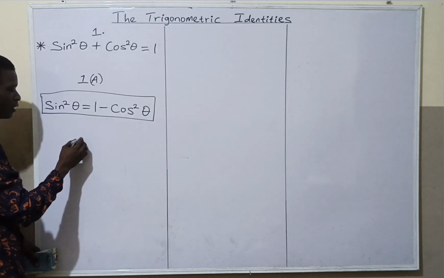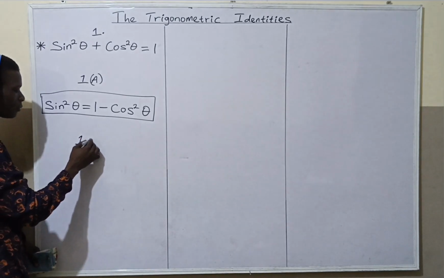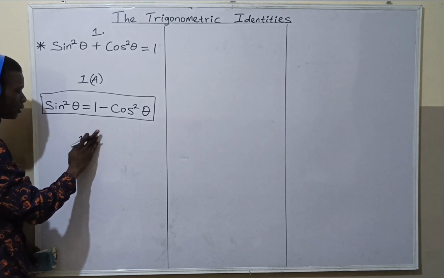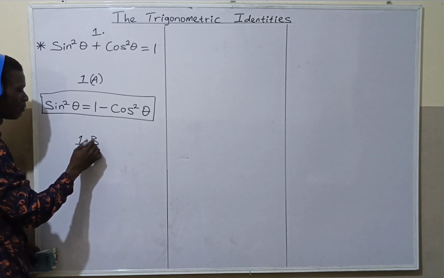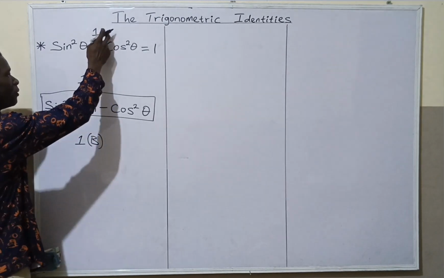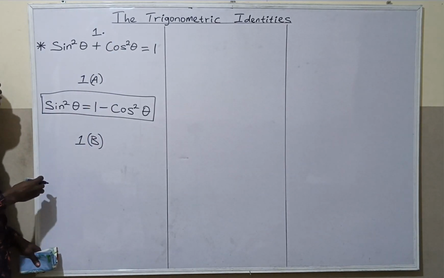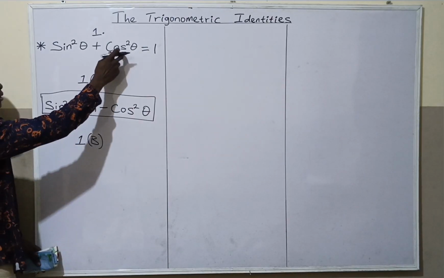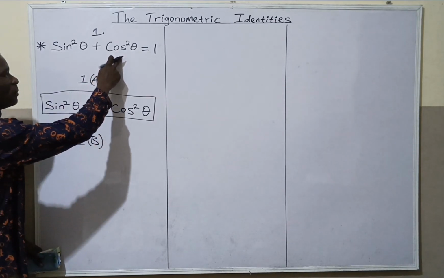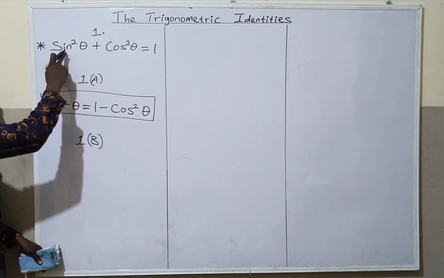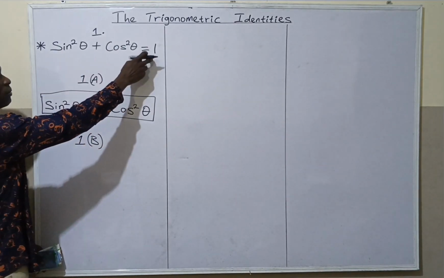Then I will be having the number 1b, still to come from the number 1 identity. This time around, cos² theta will be made the subject of this identity. That means sin² theta has to leave here to come and meet 1.